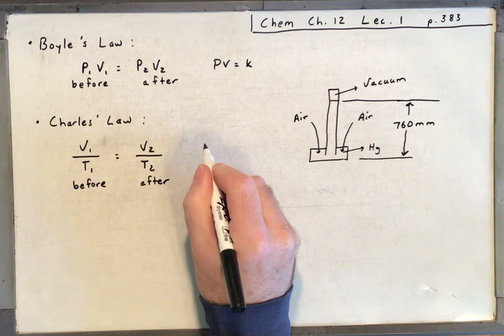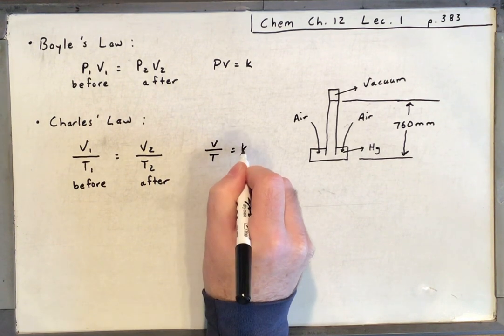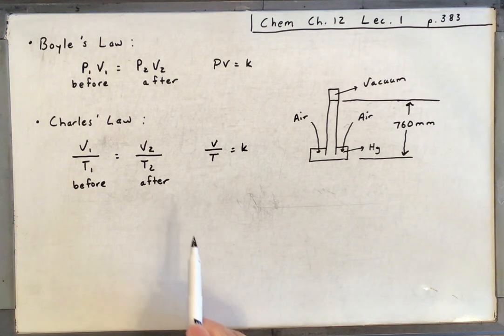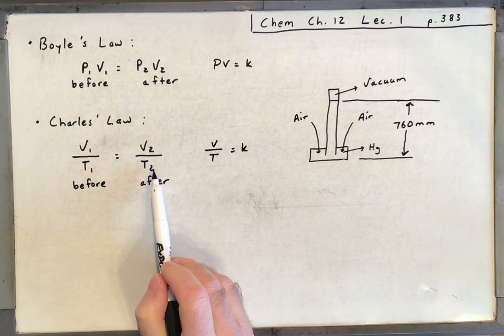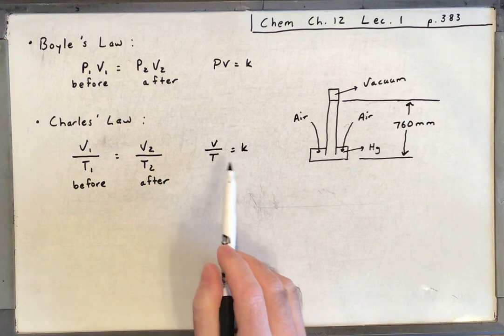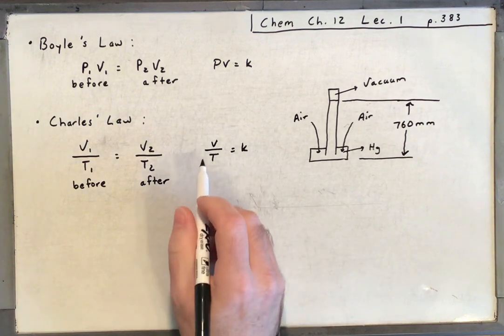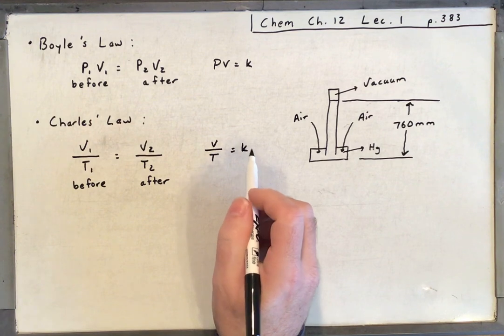You can think of it as volume divided by temperature is equal to some constant. So if volume goes up, temperature would have to go up. If volume goes down, temperature would have to go down, in the same proportion. So volume divided by temperature is always constant.